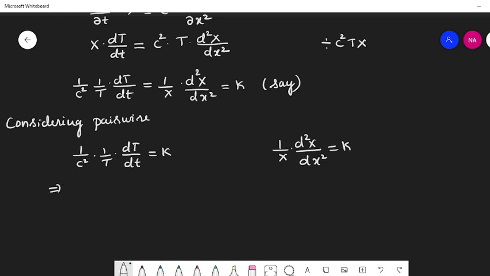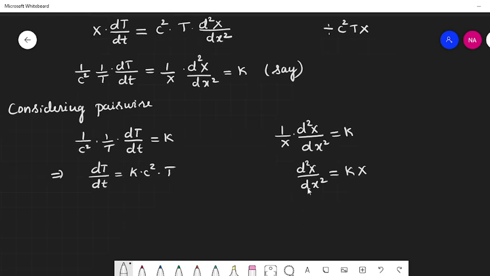Now this will be d capital T by d small t equal to k c square T, and here d square capital X by d small x square equal to k capital X.